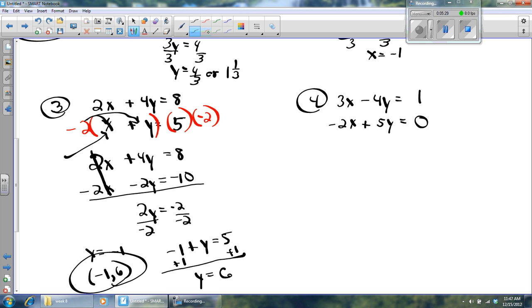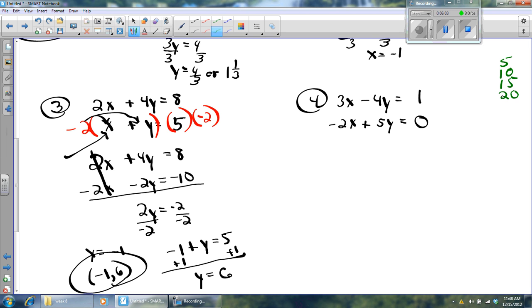All right. Now, in many cases, none of the coefficients will match, or they won't be multiples of each other. So I can't just multiply by a 2 in the bottom equation. What I can do is multiply both equations. So for example, let's say I want to get rid of the y's on this one. Well, I'm going to think of the smallest number that 4 and 5 both go into evenly. If I count by 5s: 5, 4 doesn't go into 5, 10, 4 doesn't go into 10 evenly, 15, no, 20.